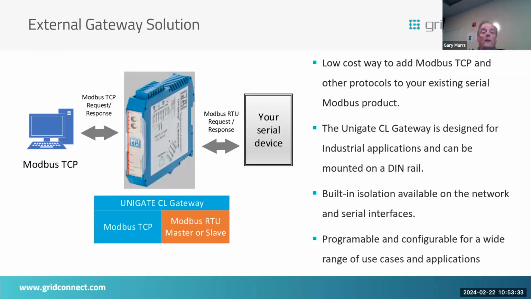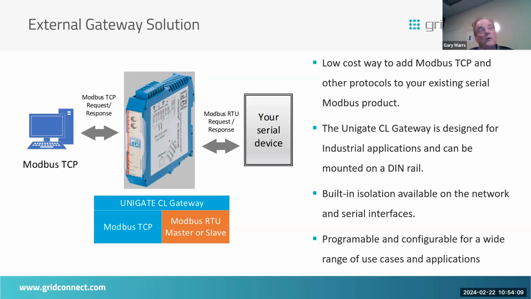Here's another interesting gateway solution that we sell. It's called the Unigate CL Gateway. It's a really powerful gateway in that it can support a lot of configuration options. It has almost every topology option you can imagine that you'll ever run into with Modbus. It could be a Modbus RTU master or slave. It could be Modbus TCP. Any one of the interfaces can be any of those.